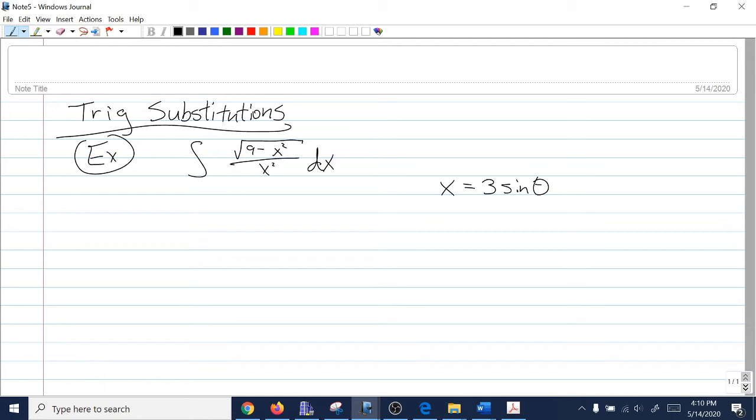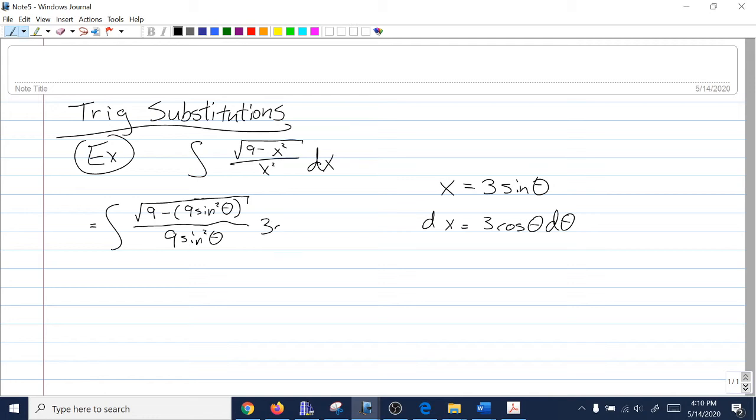When x equals 3 sine theta, oh, I should do dx. dx is going to be 3 cosine theta d theta. My integral turns into the integral of the square root of 9 minus x squared, which is 9 sine squared theta, over x squared, which is 9 sine squared theta, times dx, which is 3 cosine theta d theta.